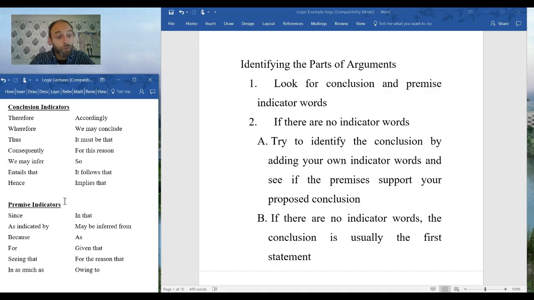So if you see these words, they should be a red flag that the information that you're about to see is going to act as a premise or a reason that the author believes that you should believe the conclusion. So using these words as sort of like a roadmap to arguments, let's look at a couple arguments and see if we can identify their parts, the conclusion and the premises.